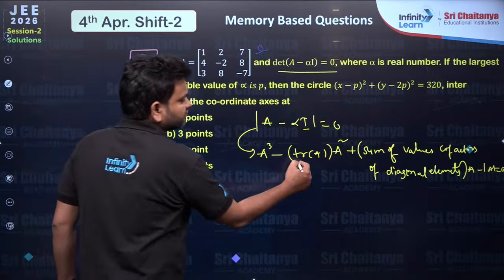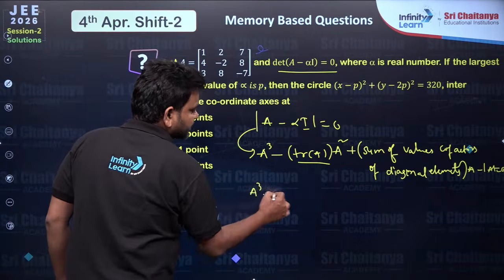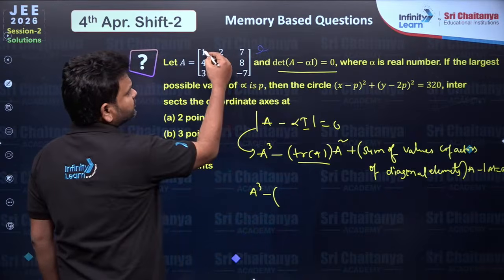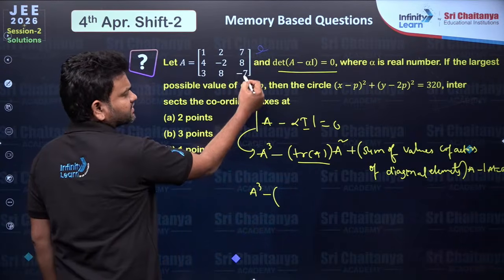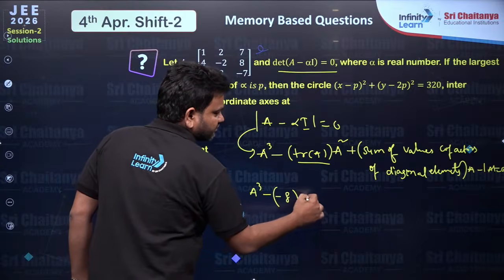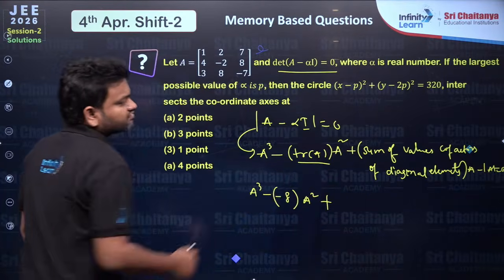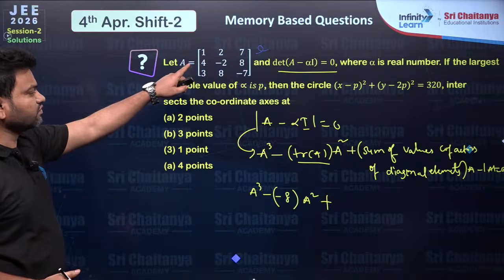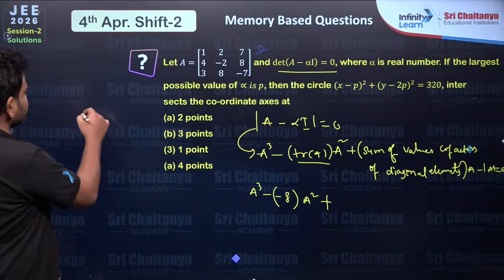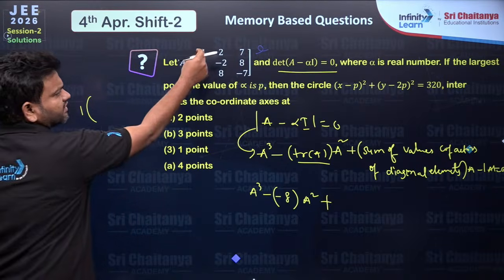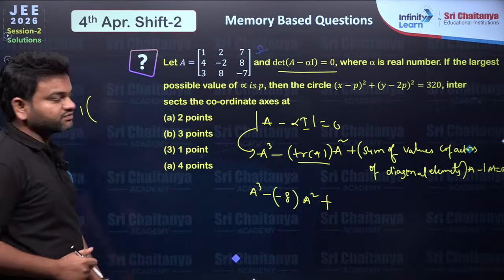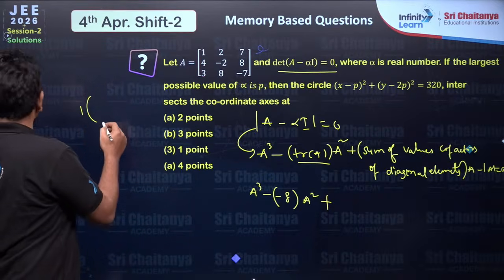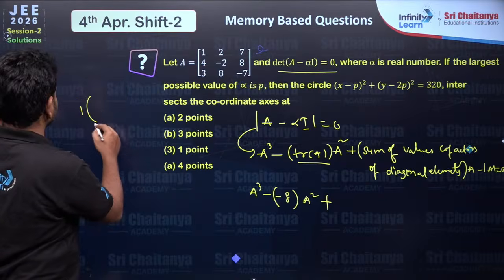Then I have to find the trace of A, so I am just going to write the value here. Trace of A is going to be 1 minus 2 minus 7, which is minus 8, of alpha square, plus the sum of the cofactors of the diagonal elements, right? For all these 3 it will be positive only. So when I solve for 1 here, one second.